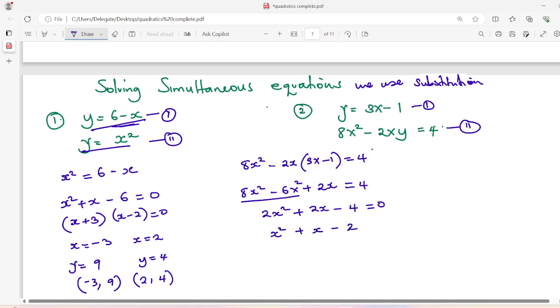So still you're forming something quadratic, so you need to solve it, and your a is 1, your b is 1, and your c is negative 2. So when you solve it, you get your calculator, you get your answer as -2, and another x is 1.